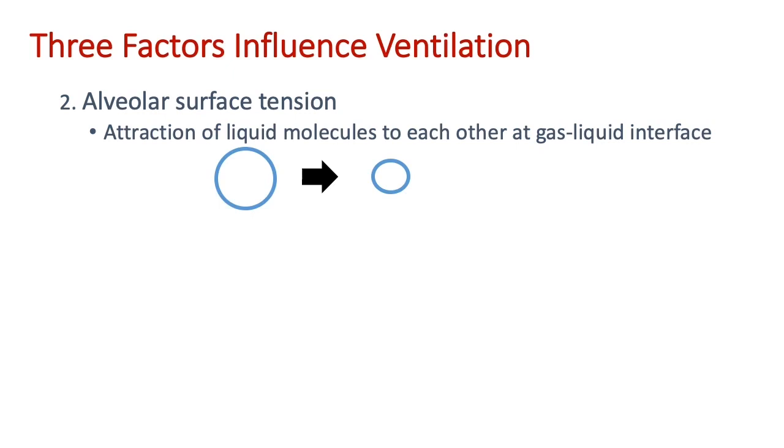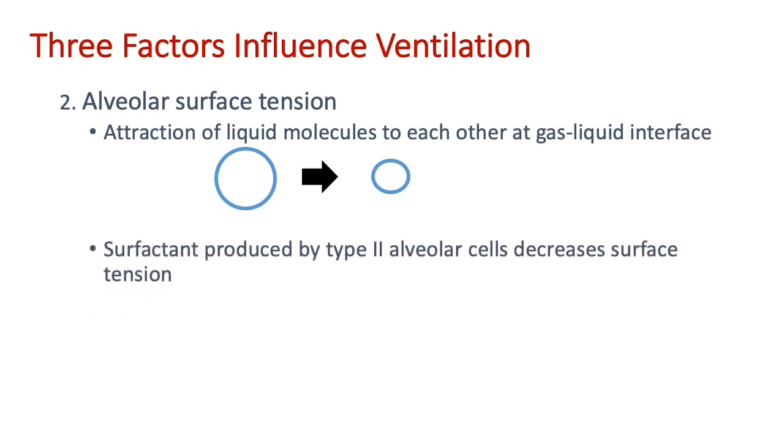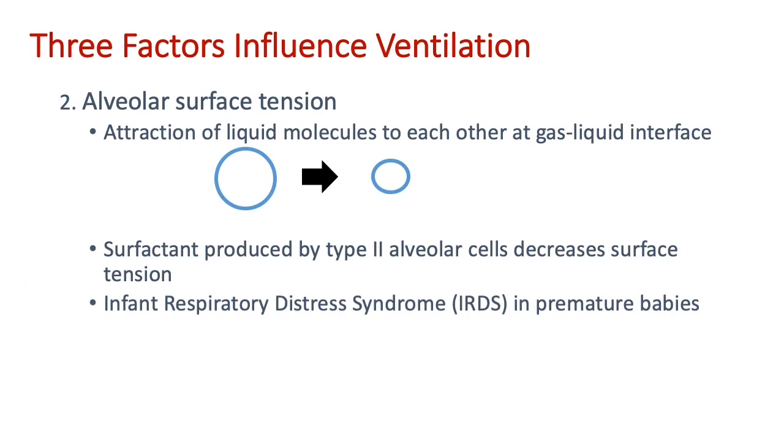There is a lipoprotein that alveolar type 2 cells produce that decreases this surface tension. In premature babies, a condition called infant respiratory distress syndrome may occur due to a lack of surfactant production.